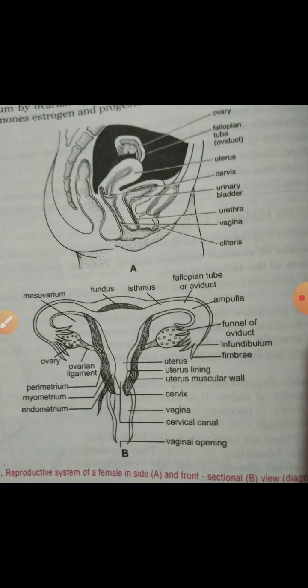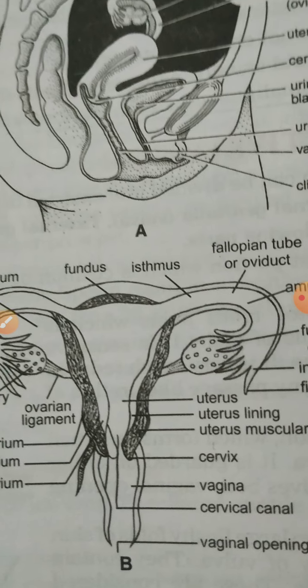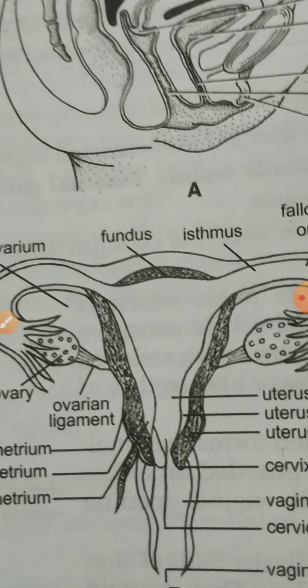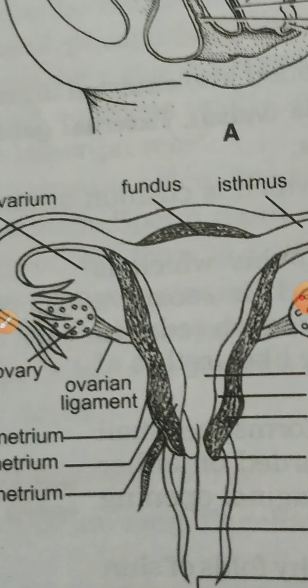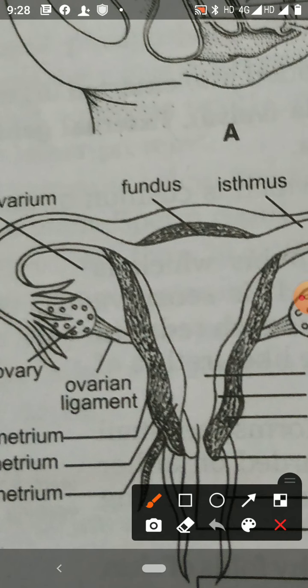Children, you have to study the structure of the ovary. Each ovary is almond shaped. Each ovary consists of an outer cortex and inner medulla. So children, you see there are two ovaries present.